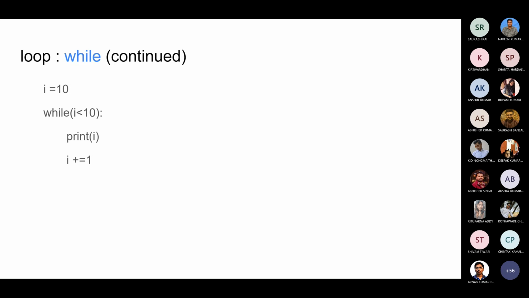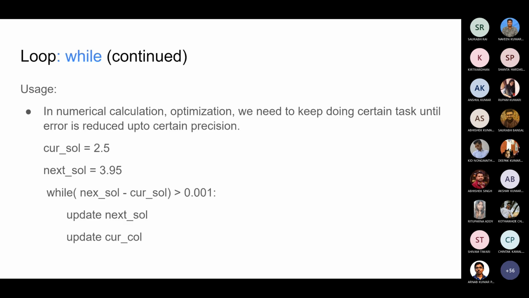So this is a very simple syntax of the while. The real life uses are in numerical calculations and optimizations, where many times we need to keep doing certain tasks until a desired criteria is reached, like the error is reduced up to a certain precision. Suppose we have a current solution as 2.5, and the next solution we have just initialized as 3.95, and while the difference between two solutions remains greater than 0.001, we re-estimate the next solution and update the current solution.